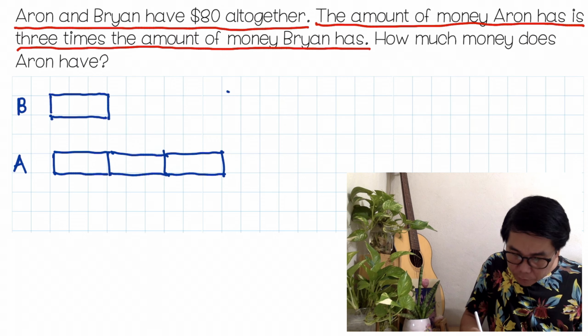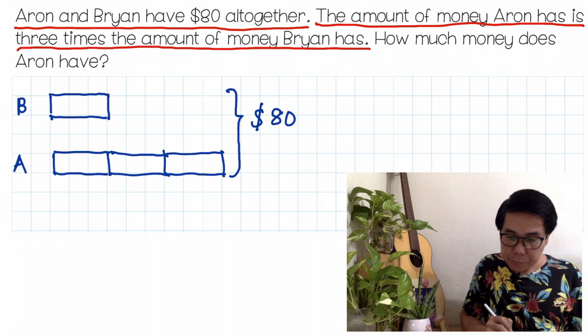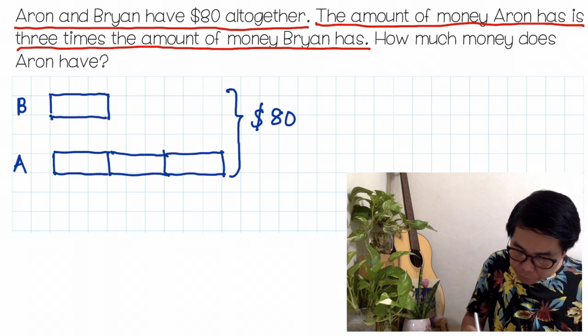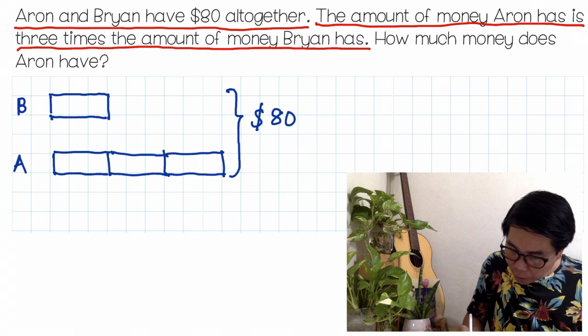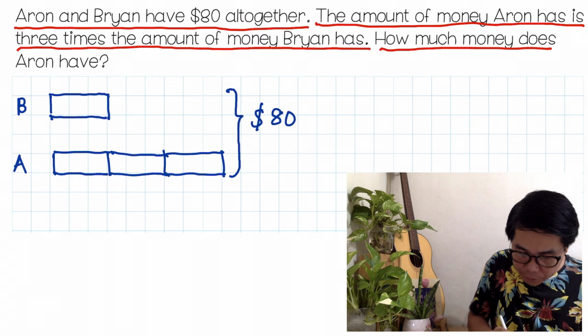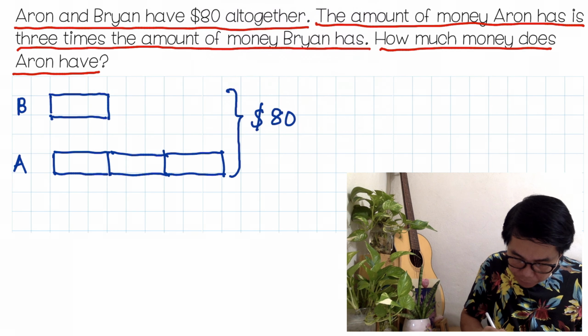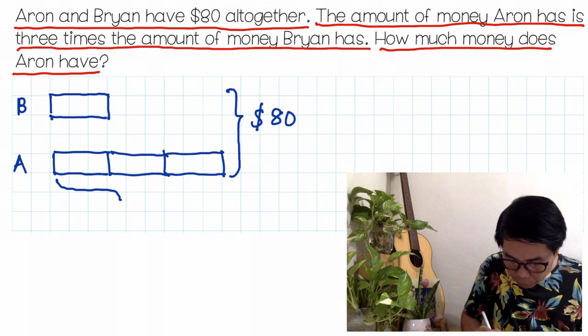Now, all in all, their money is $80. Now, the question is, how much money does Aaron have? So we're looking for the amount of money Aaron has.